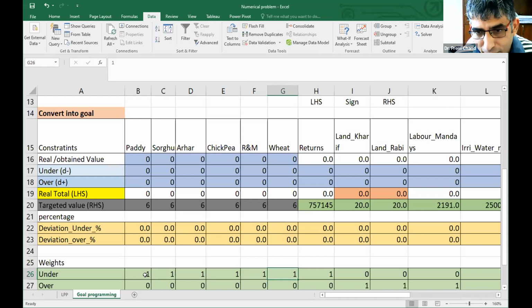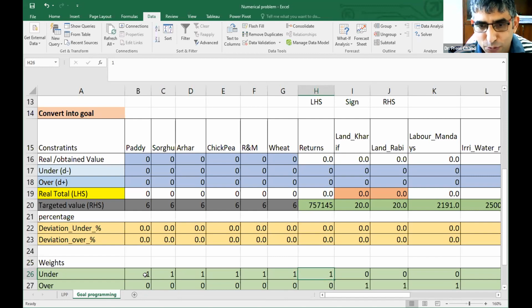But in case of under deviation, I have written 1 because my target is minimizing the under deviations. I want to give more weightage to minimizing my underachievement.